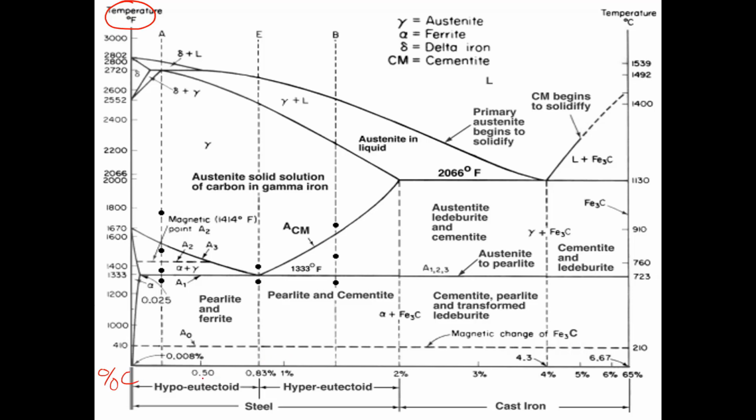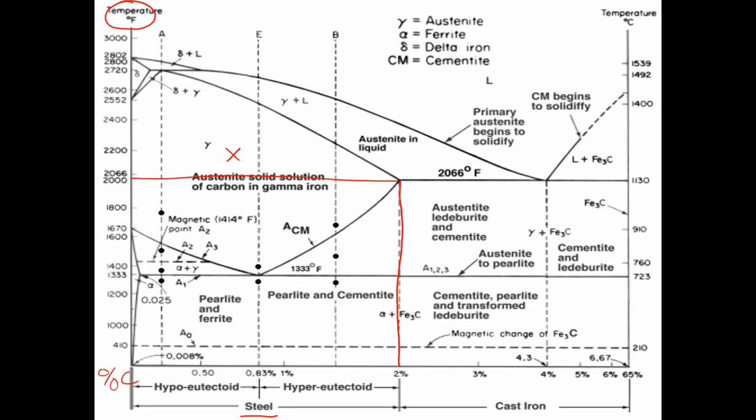And so this is 0.5% carbon, 0.8% carbon, and 2% carbon. So if we're talking about steels, we're only concerned up to 2%, right? And for the most part, we're really only concerned up to about 2,000 degrees. There are very little heat treatments that we do that are above 2,000 degrees.